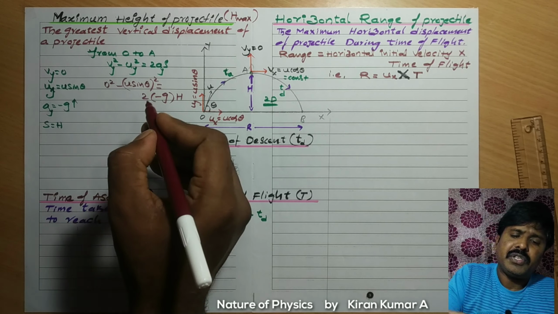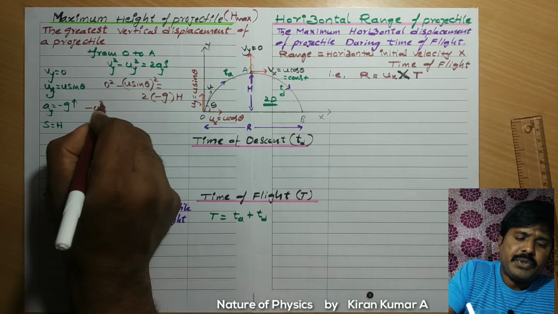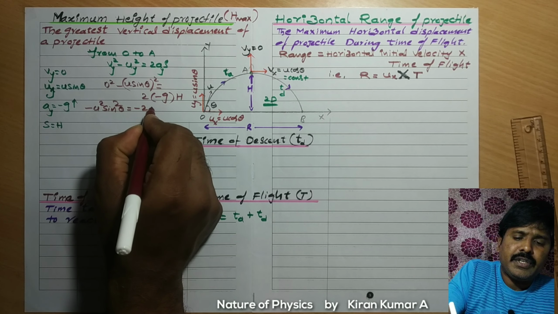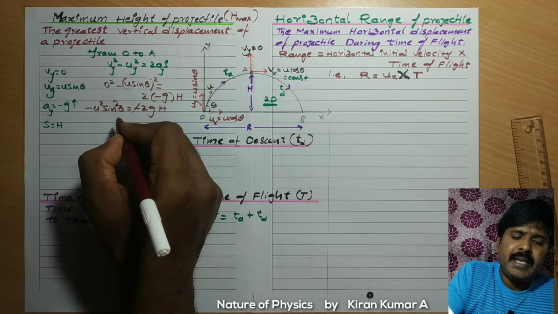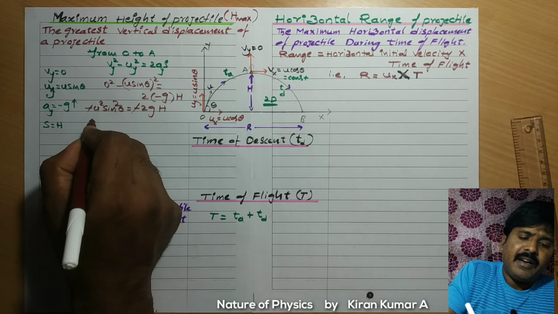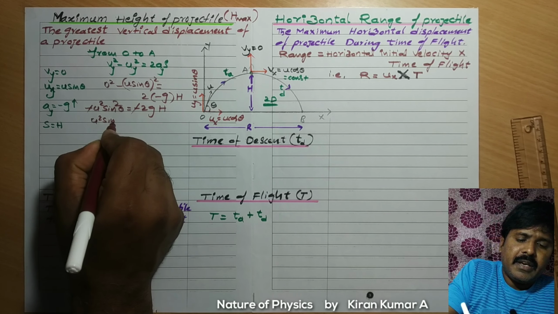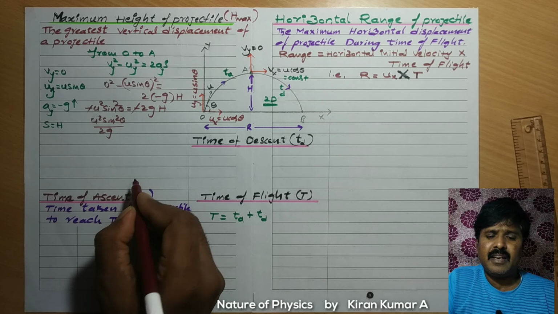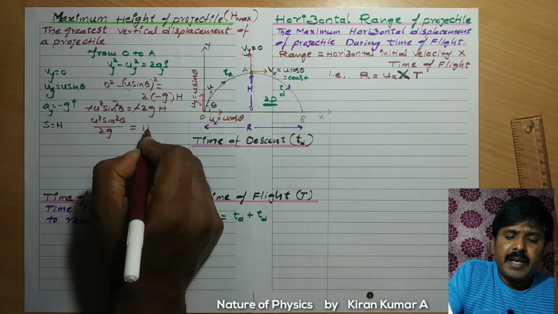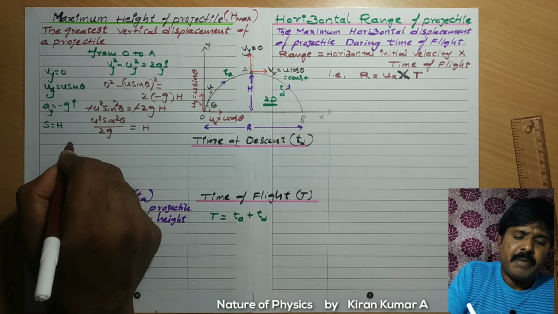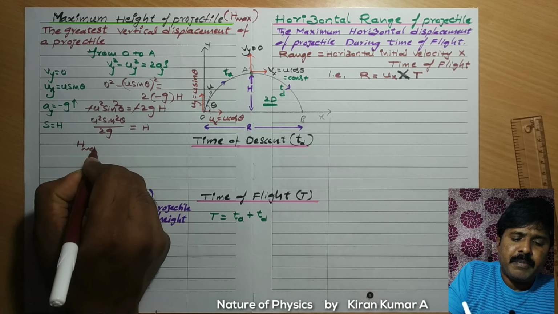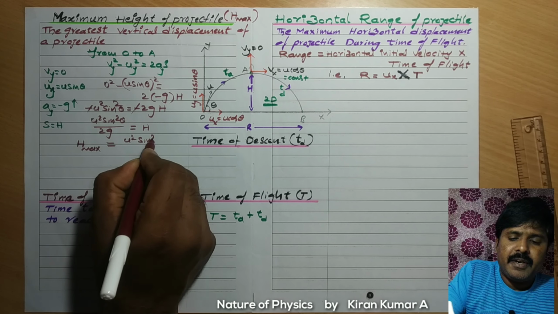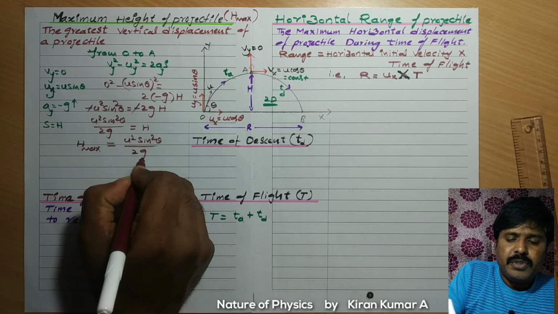Okay, continuation step there, minus u square sin square theta is equal to minus 2gh, students, minus gets cancelled there, and u square sin square theta divided by 2g from RHS to LHS is equal to h, students. h is the maximum height, so I can write h max is equal to u square sin square theta divided by 2g, students.